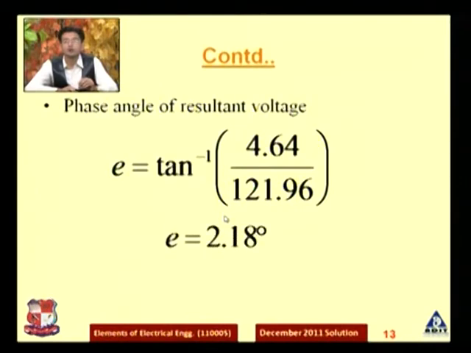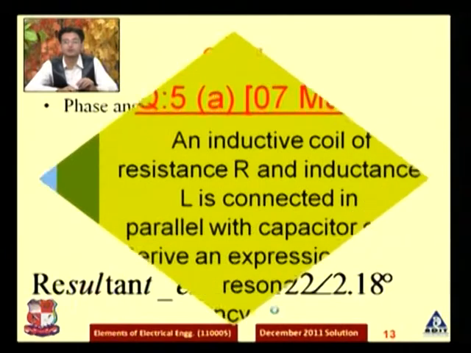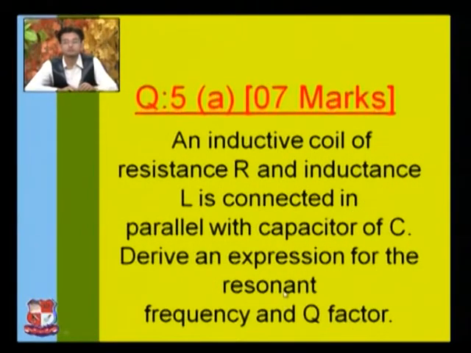So the phase angle of the resultant voltage is 2.18 degree. So finally you can write that the resultant EMF is equal to 122 volt and the phase angle is 2.18 degree, right? So this is the final answer of the question.